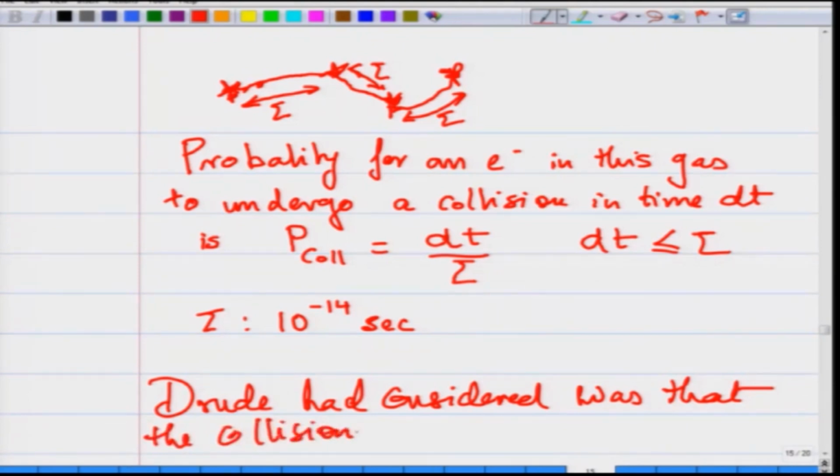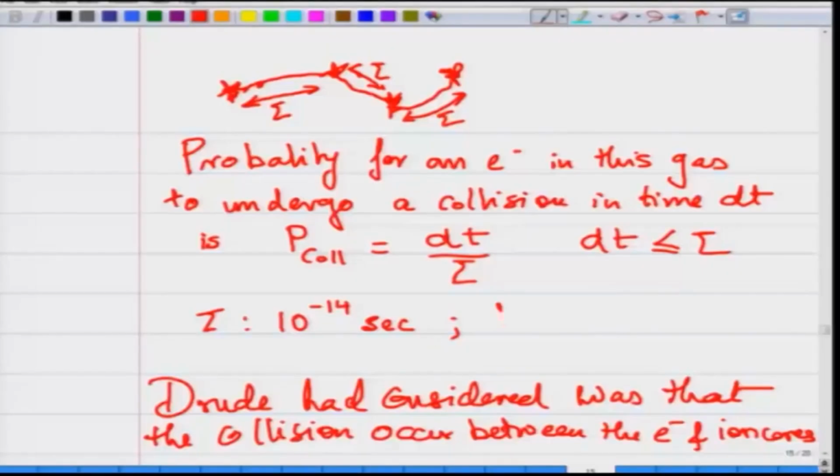Okay. And what Drude had considered was that the collisions occur between the electrons and the ion cores. So, the collisions are occurring between the electrons and ion cores. This was the assumption of Drude.